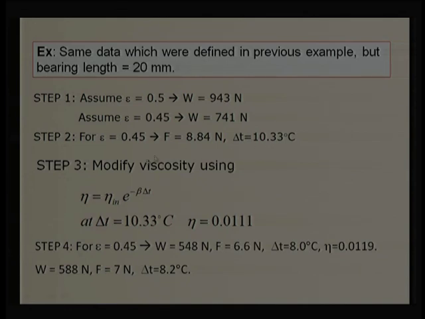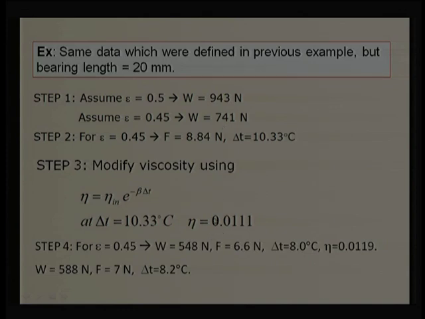Based on this, we will modify the viscosity. This is 15 millipascal second, temperature rise is 10.33 degrees centigrade, and beta is given to us in the example or in the question. Based on that, we can find out the viscosity, that is turning out to be 11.1 millipascal second. We substitute this value to find out the load carrying capacity.